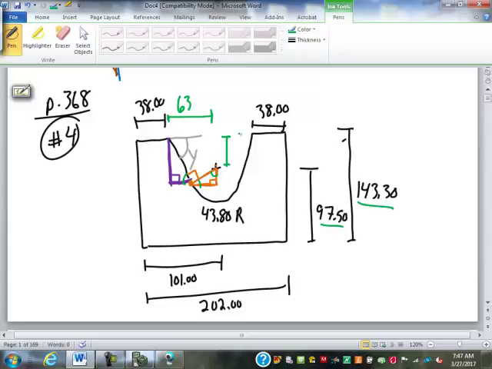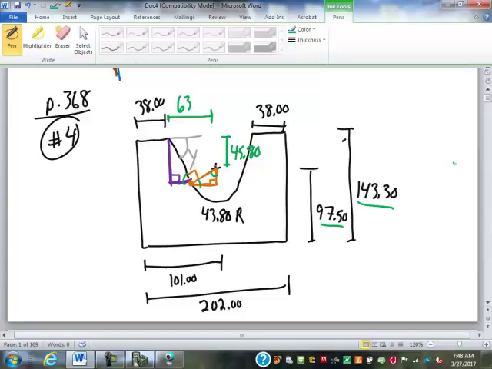That's going to be 45.80. 143.30 minus 97.50. What else can we find there? That seems to be all we can find at the moment, so let's go with that.